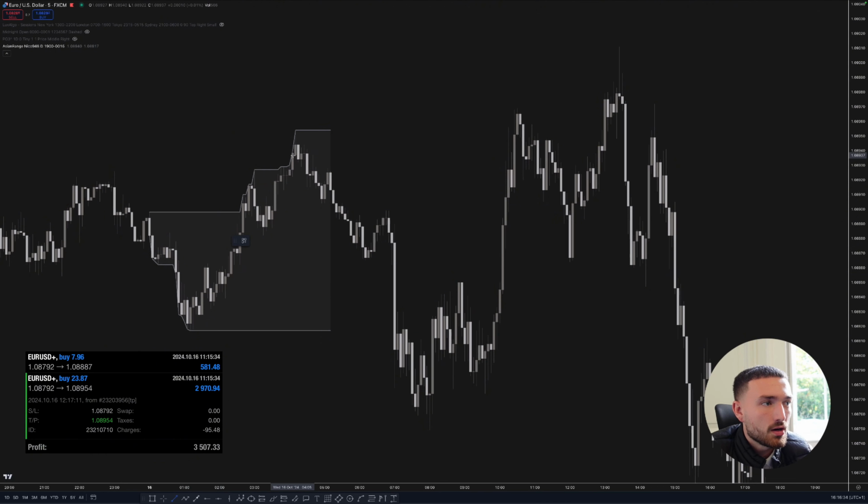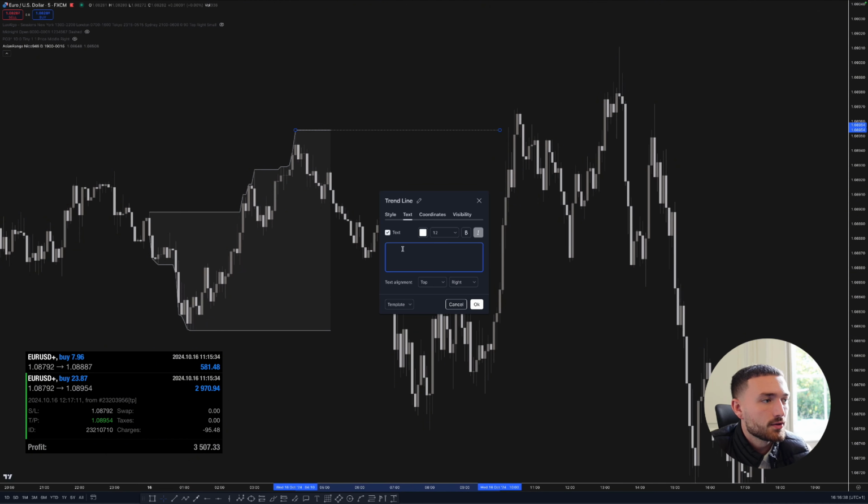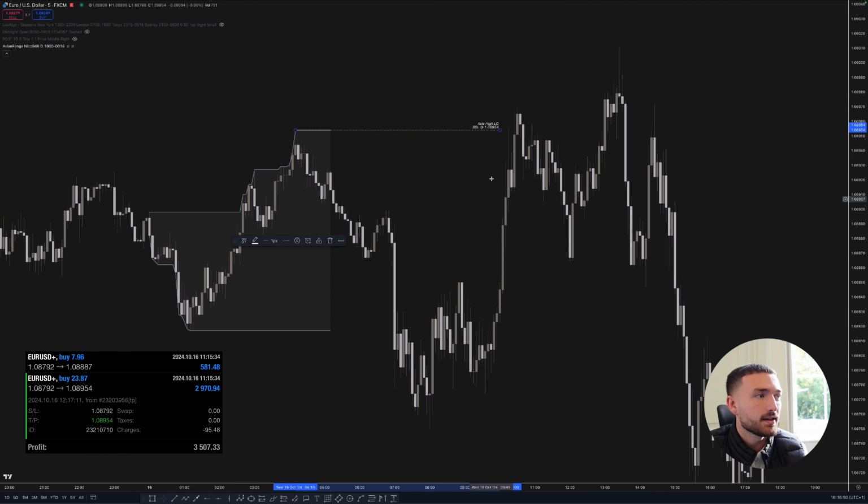What I like to mark up is the high of the Asia session, which is Asia high liquidity. This could also be deemed as buy-side liquidity here. Essentially, what we're saying is the buyers are interested at this level, and there's going to be some form of liquidity at this high, which we might want to retarget and grab.